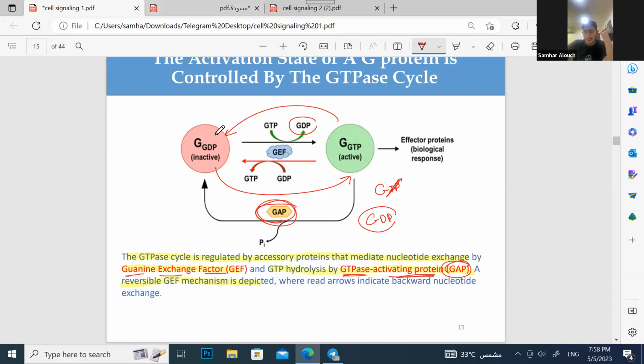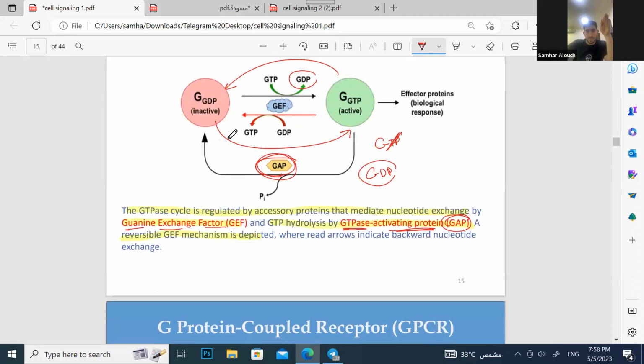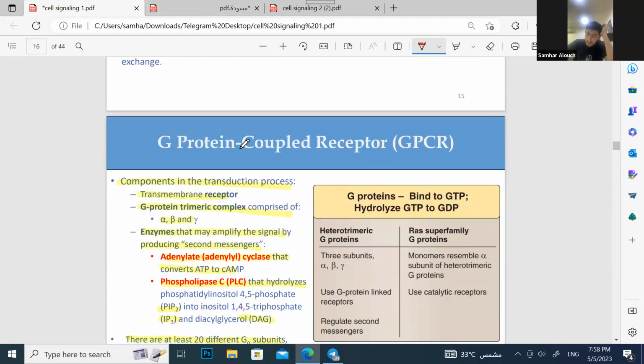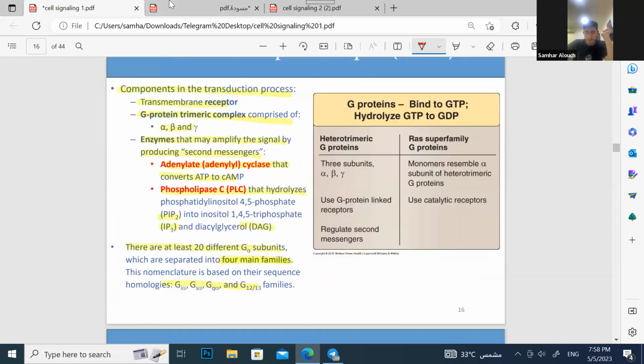So now we have two enzymes, GEF and GAP. GEF can activate and inactivate, but it's mostly for activation by removing GDP and putting GTP. The other one is GAP, which is for inactivation. So it removes GTP and puts GDP. So please memorize these two enzymes because they are very, very important.